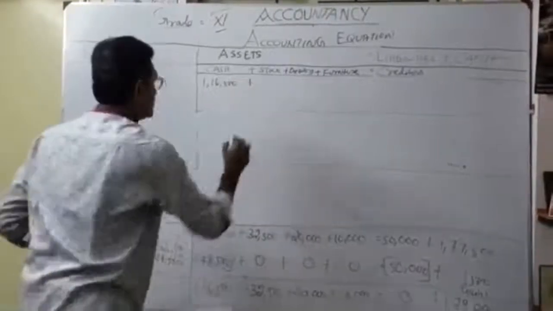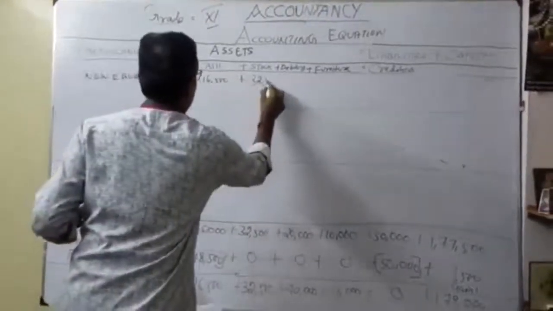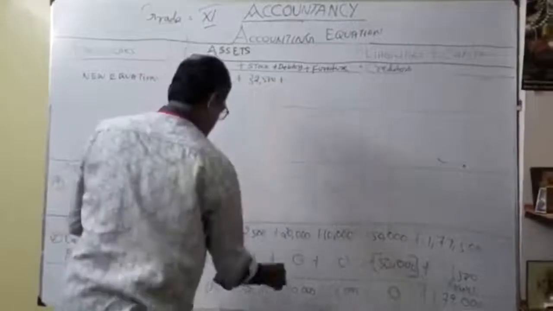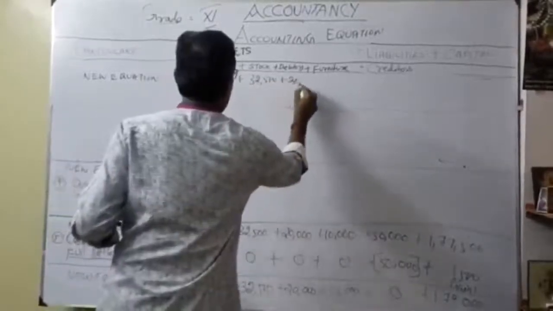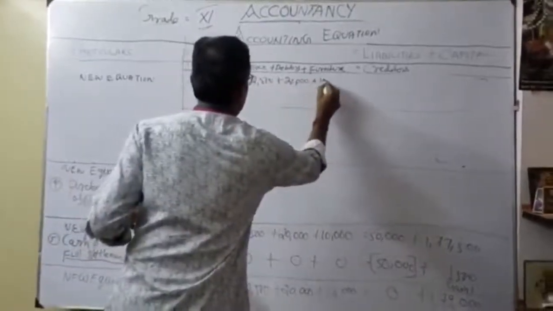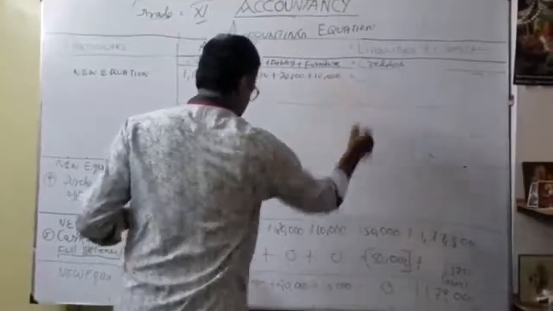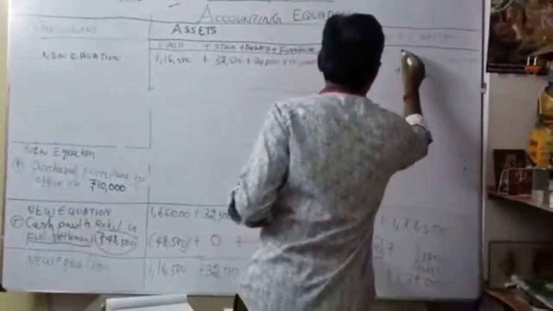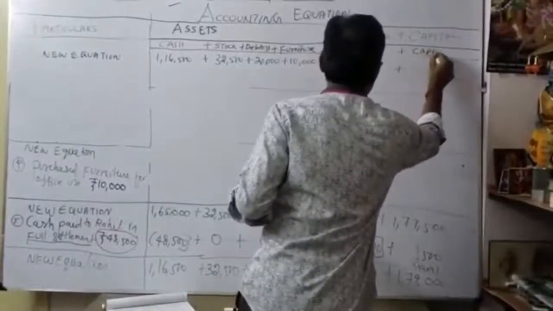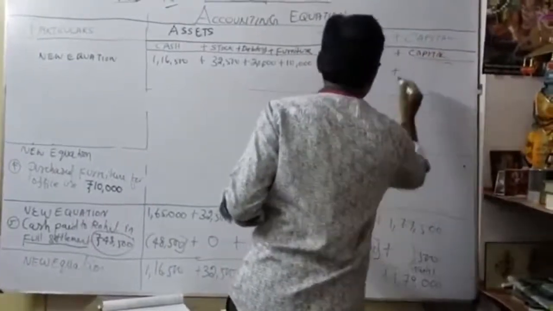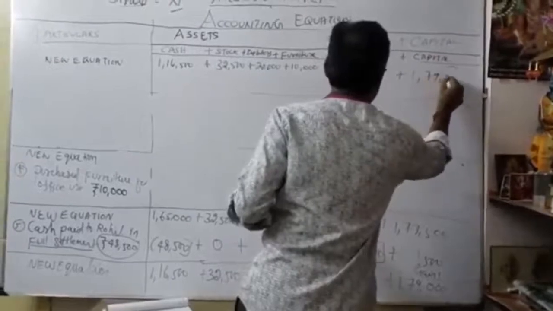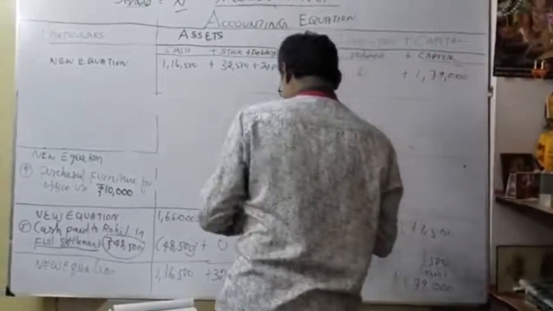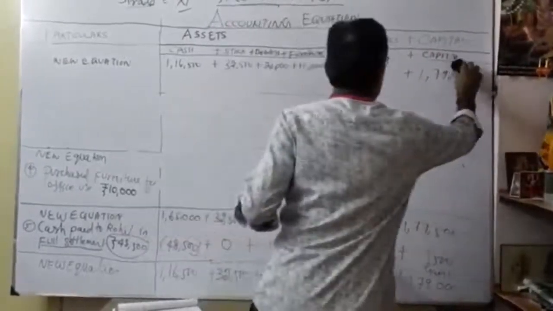My stock is 32,500 plus my debtors is how much? 20,000. My furniture 10,000. There is no creditors. So what is my capital? The capital is 1,79,000. Okay, so understood?